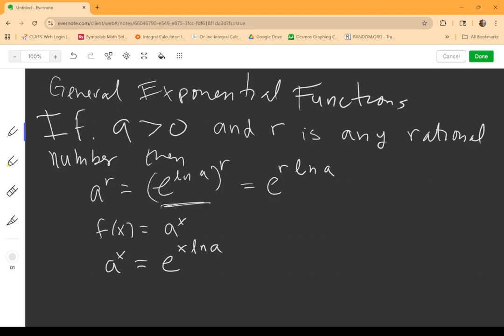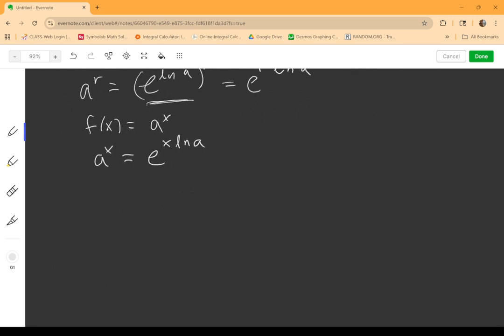Again, that just comes from our inverse properties of the logarithm. So any exponential of any base, 2 to the x, 7 to the x, etc., is just a reformulation of an exponential and a natural logarithm.